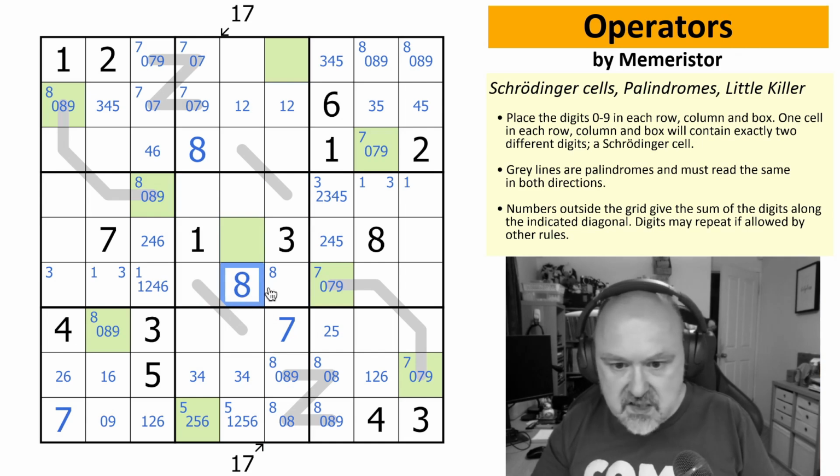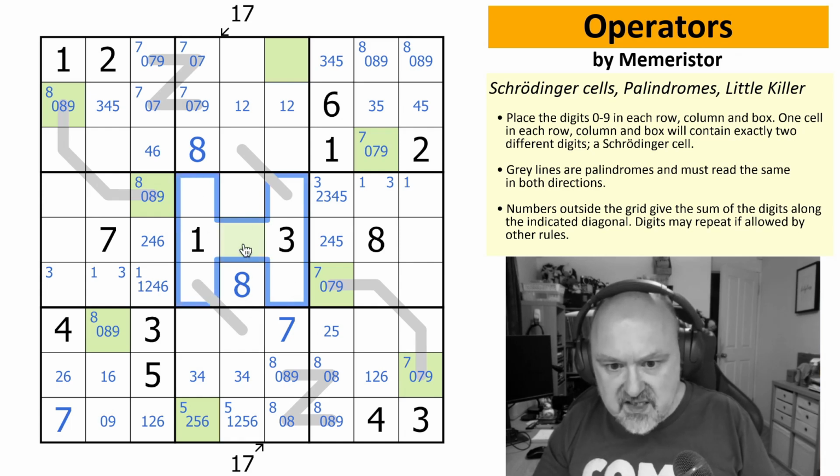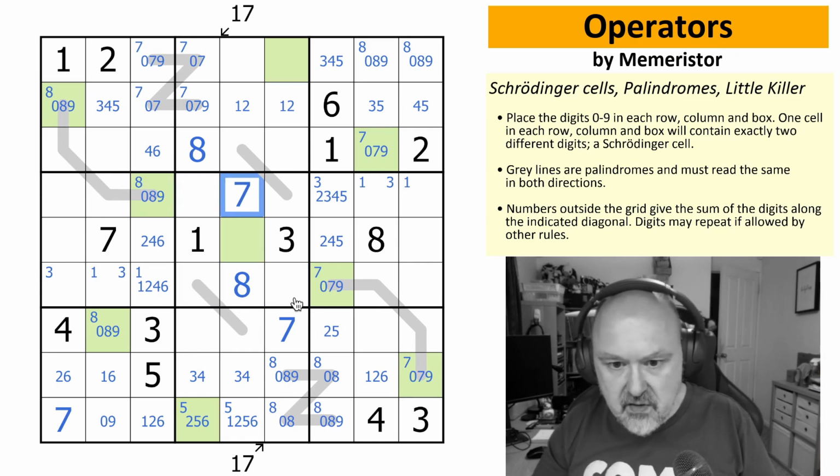That is an 8. Now 7 can't go there, 7 can't... That is a 7. Bonkers!